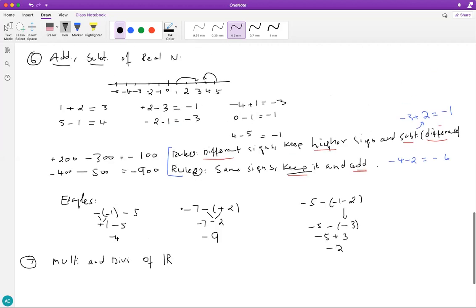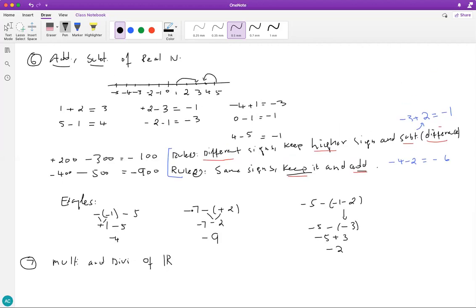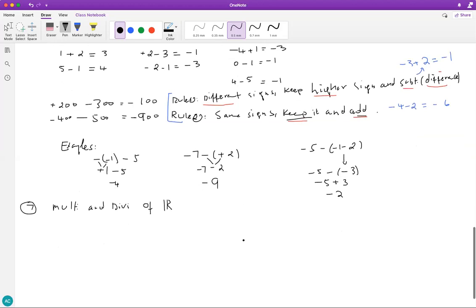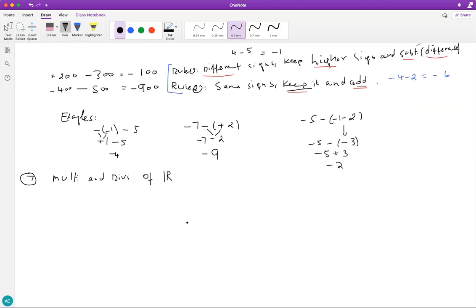By the way, all this that we did here, we only used integers, but this applies to fractions and decimals. These rules apply to all sorts of real numbers. Even though we're only using integers now, feel free to apply that to any sorts of numbers.